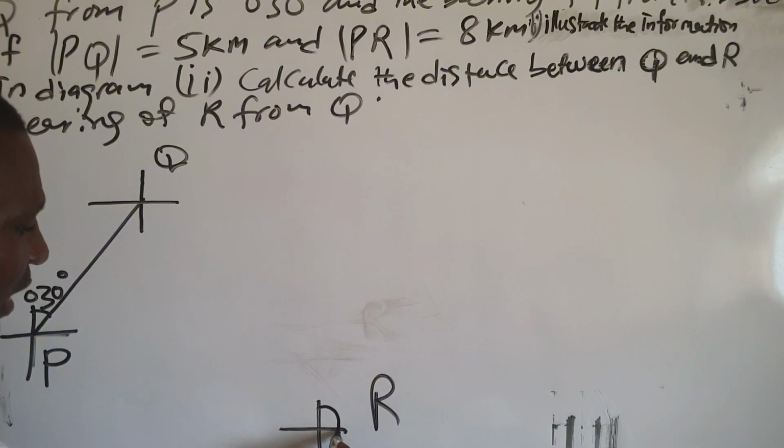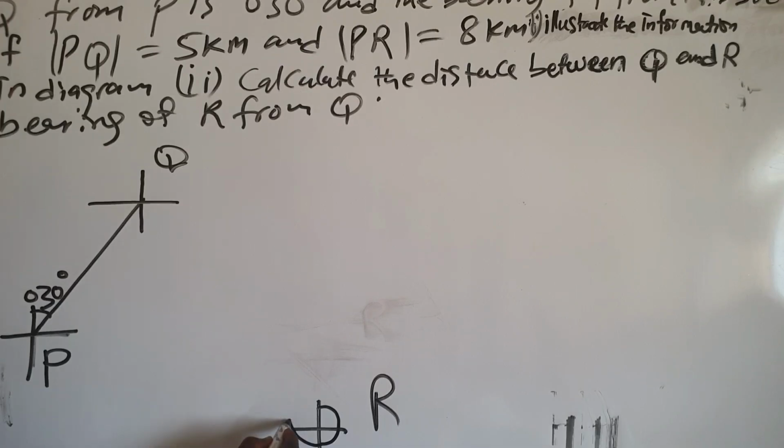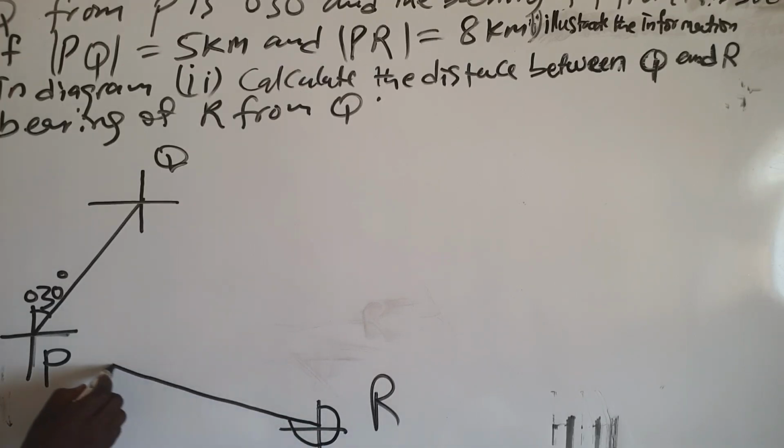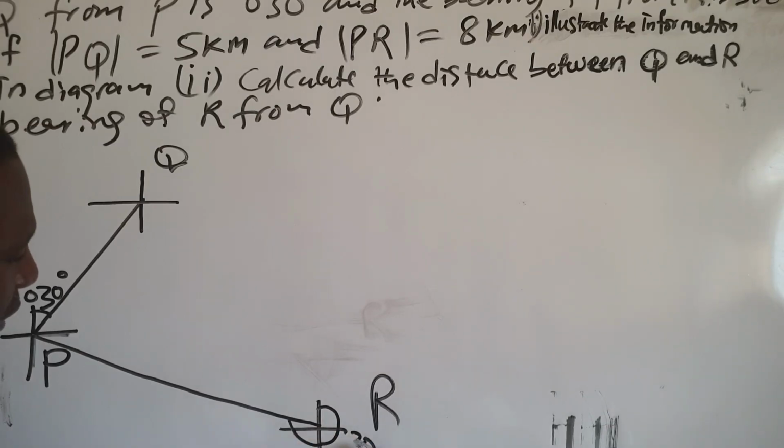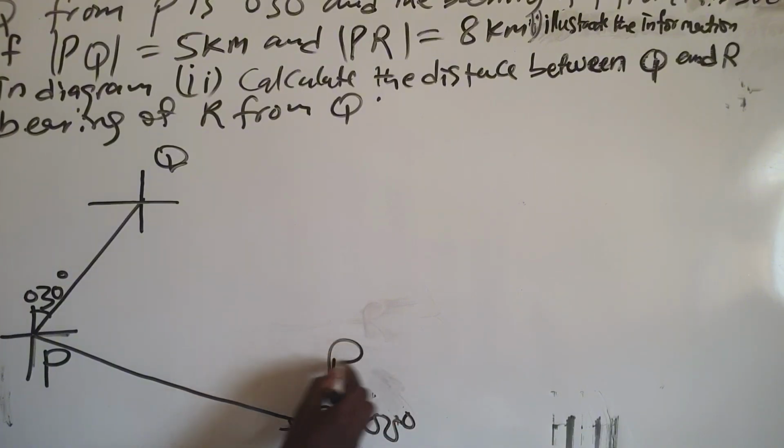So from here to here is 90, to here 180, to here 270. How many is remaining to make it 300? 30. So let's say it's somewhere here. See it, the bearing of P from R. So the bearing is 300 degrees. This is our R, okay? The bearing is 300 degrees.